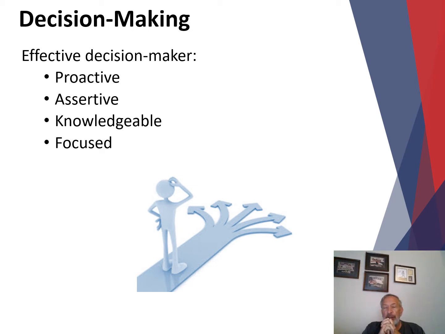Decision makers tend to be assertive, meaning that their decision is acted on by their own, and not necessarily dependent upon those of their co-workers. Decision makers are knowledgeable, and they tend to be focused. They're focused on that decision and not a million other things.